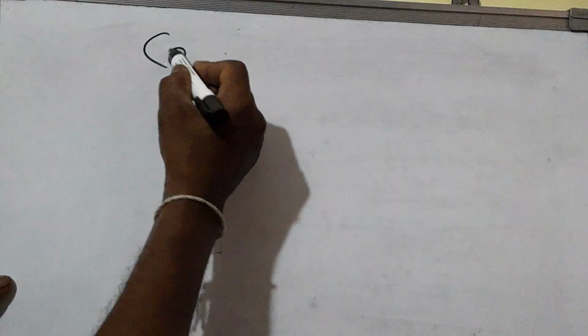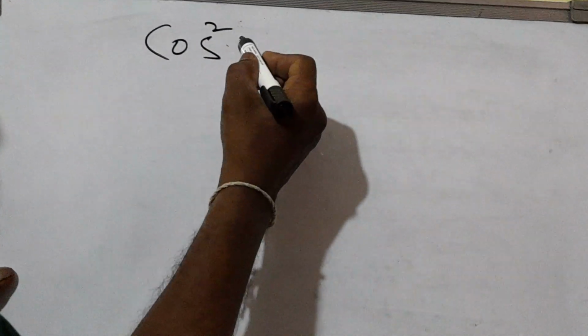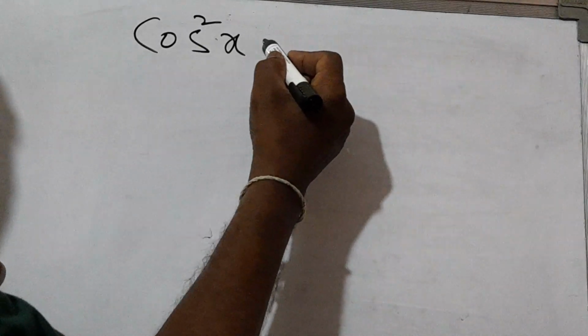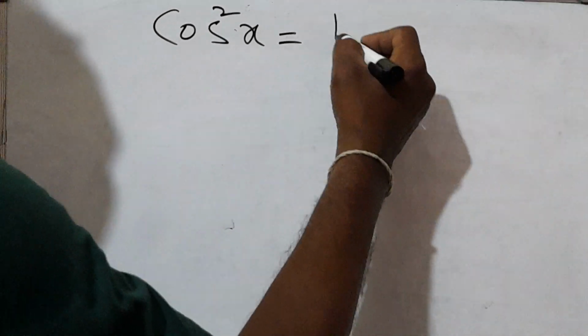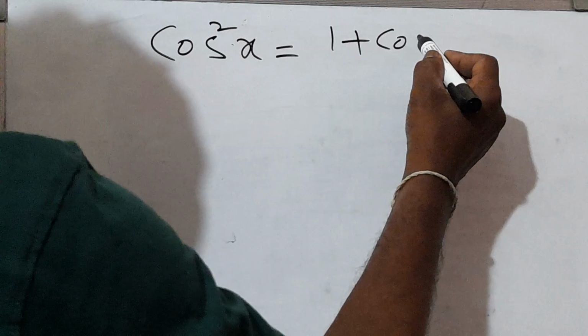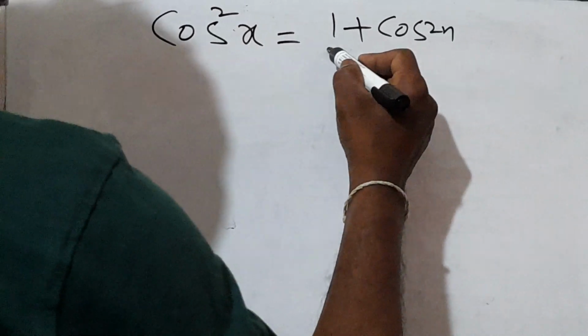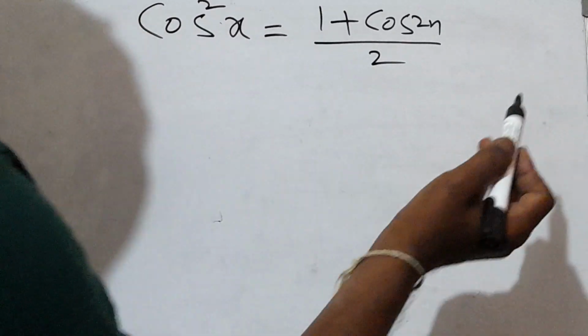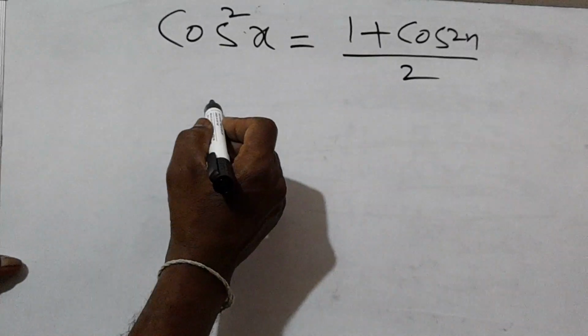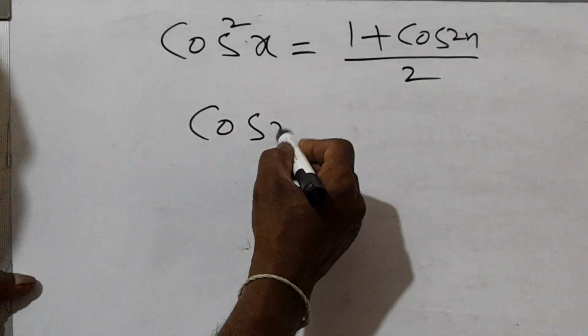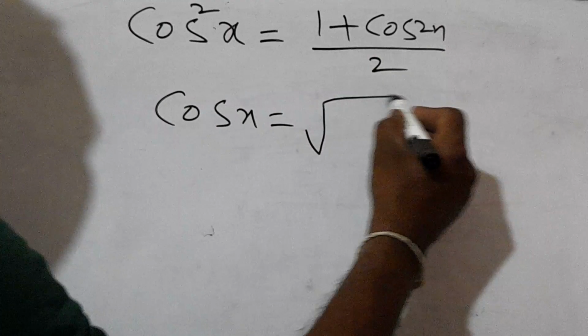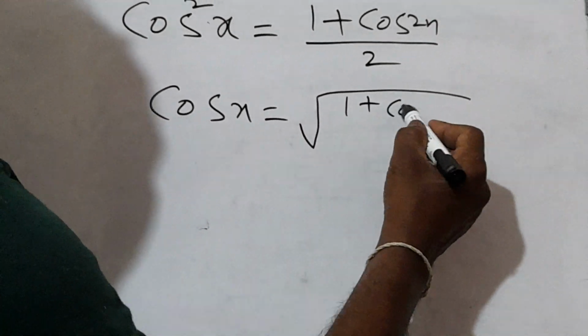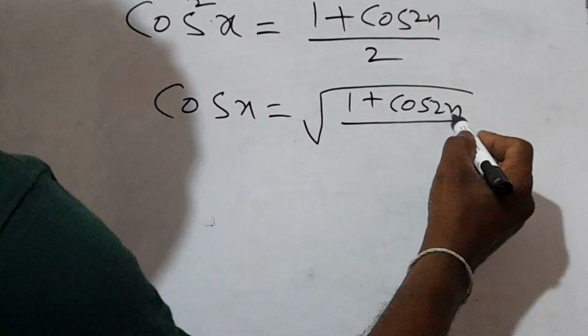The sub formula: cos square x is equal to 1 plus cos 2x by 2. So cos x is equal to under root 1 plus cos 2x by 2.